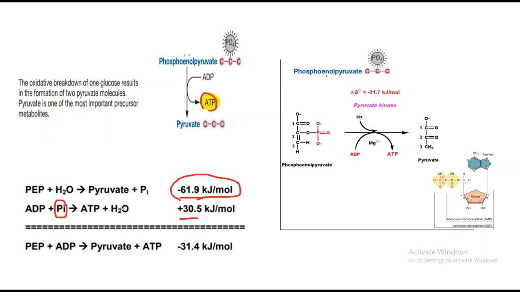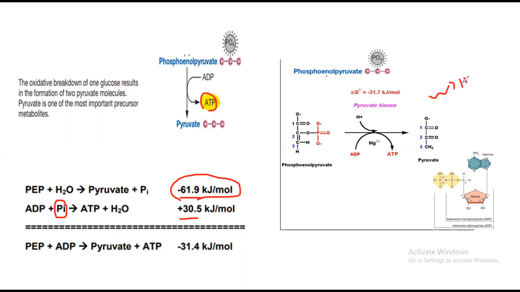As I have told you, the formation of ATP is an endergonic reaction, and it requires 30.5 kilojoules per mole of energy. So half of the energy will be used to form ATP, and half will be used in other metabolic processes or dissipated as heat.